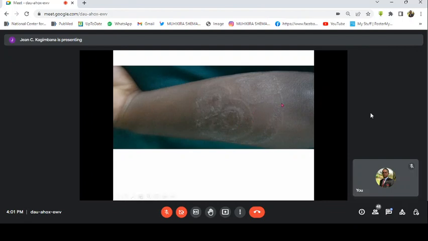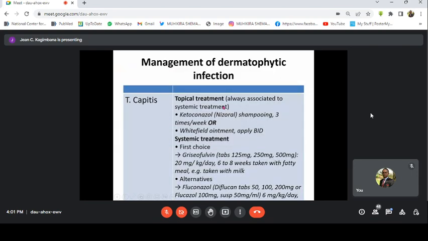Then it goes outward. You will have some plaques which are large, even covering the trunk. And this one is contagious. Dermatophytic infection is contagious.